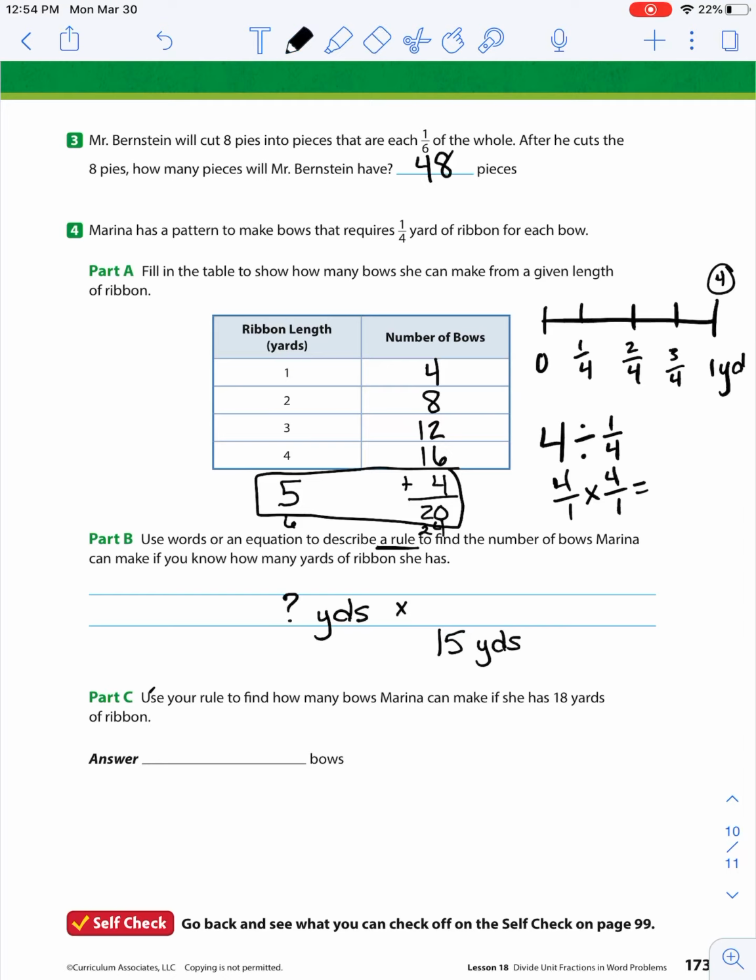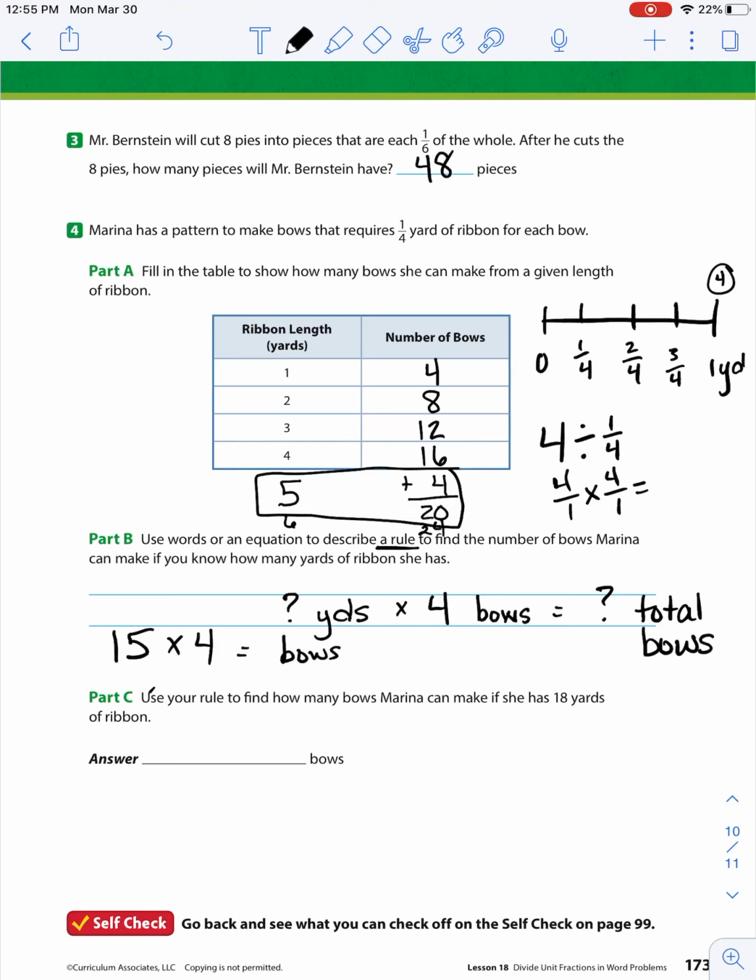However many yards Marina has, if you multiply that times 4, because that's how many bows you can make in each yard, that's going to tell you your total number of bows. So again, if she has 15 yards, she can get 4 bows out of each one of those yards. So if you multiply 15 times 4, that would tell you how many bows she can make.